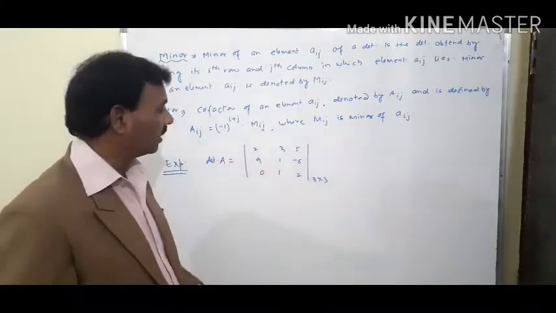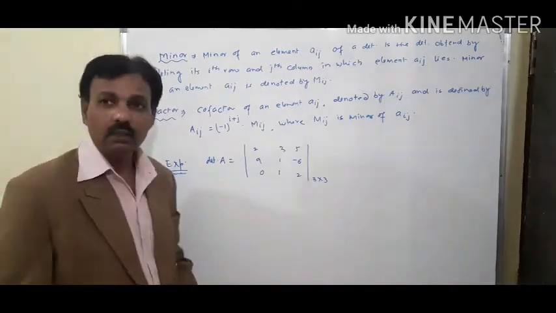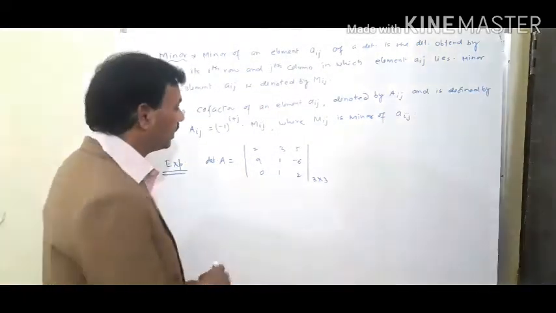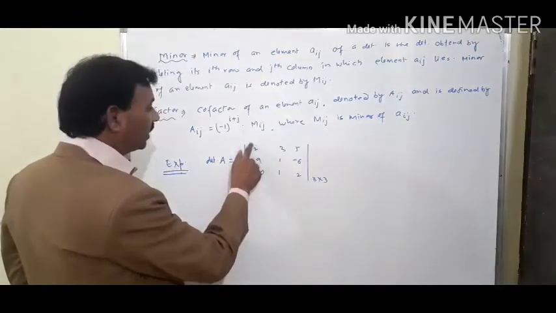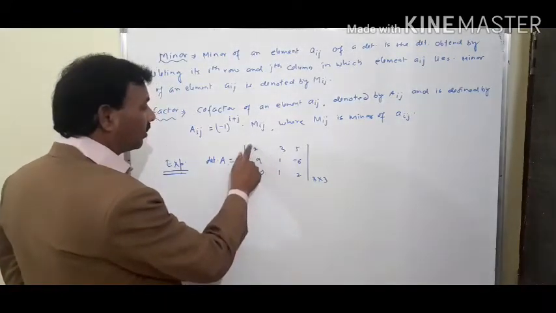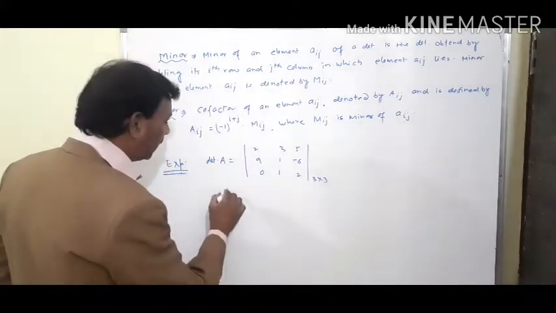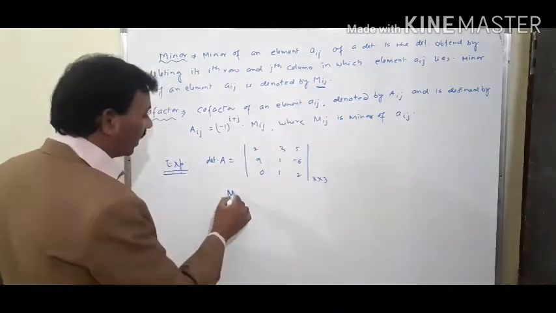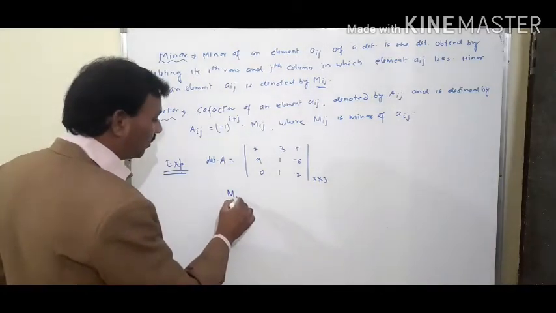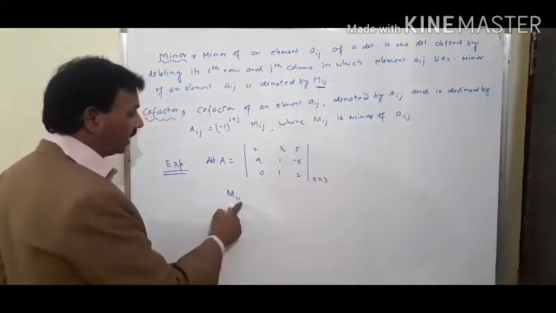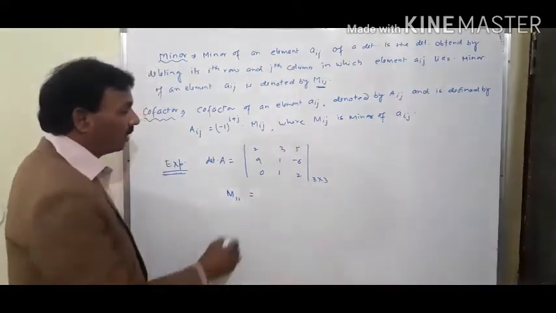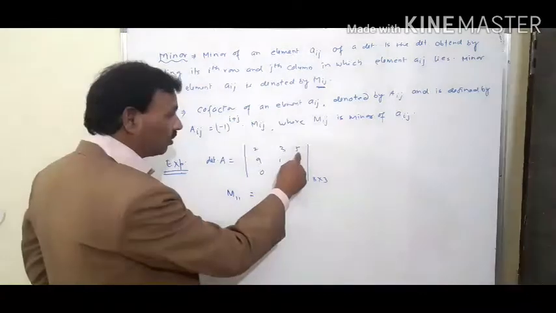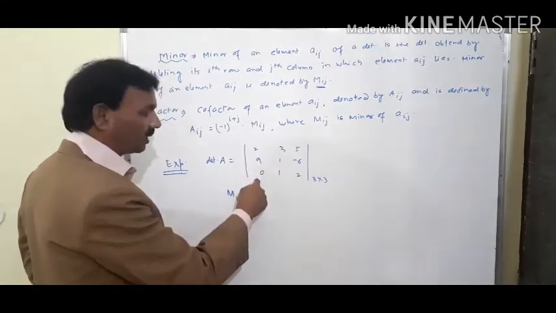If you want to find the minor of the element of the first row and first column, that means the minor of 2, the minor is denoted by Mij. You can see here Mij, that means M11 equals, you should leave out all elements of the first row and all elements of the first column.